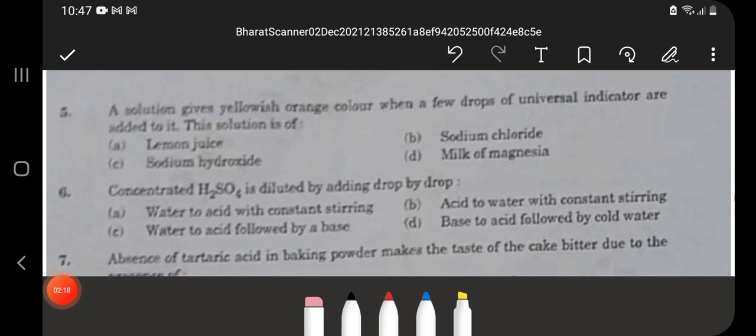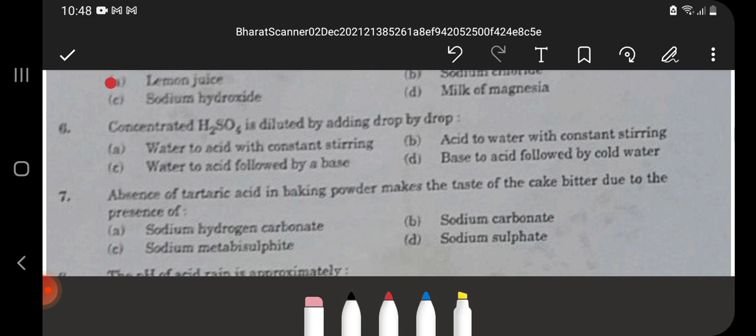Next, fifth question. A solution gives yellowish orange color when a few drops of universal indicator are added to it. The solution is of... the answer is A, lemon juice. Next, sixth one.